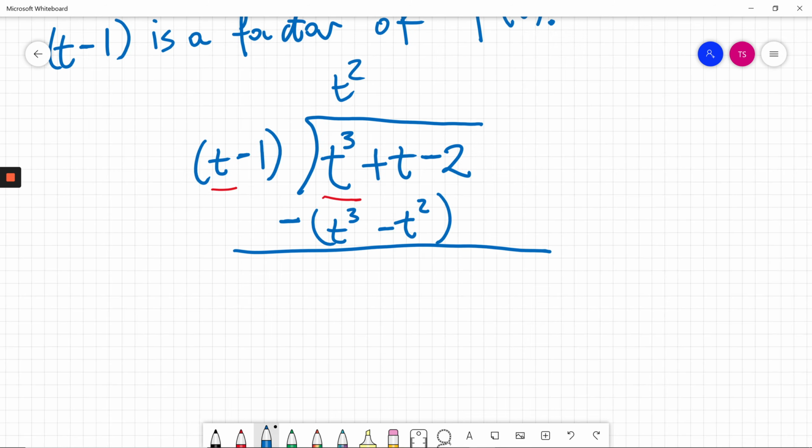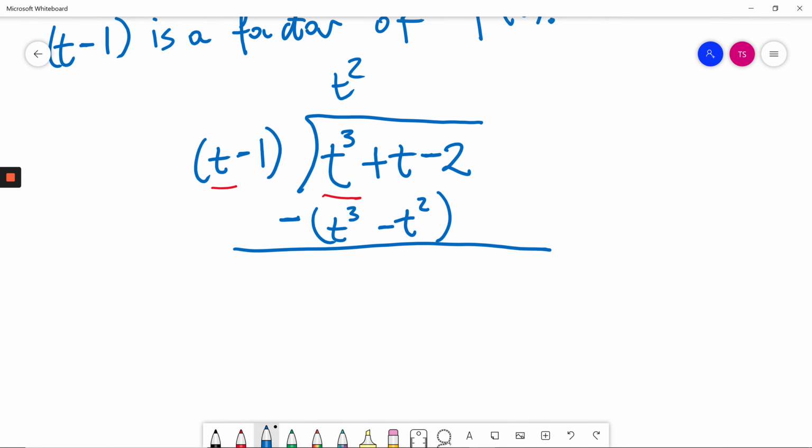Then I will have t cubed minus t cubed is 0, and I will have t squared plus t minus 2. Then I will divide t squared by t. So this becomes plus t, times t minus 1 is t squared minus t, and subtract it.